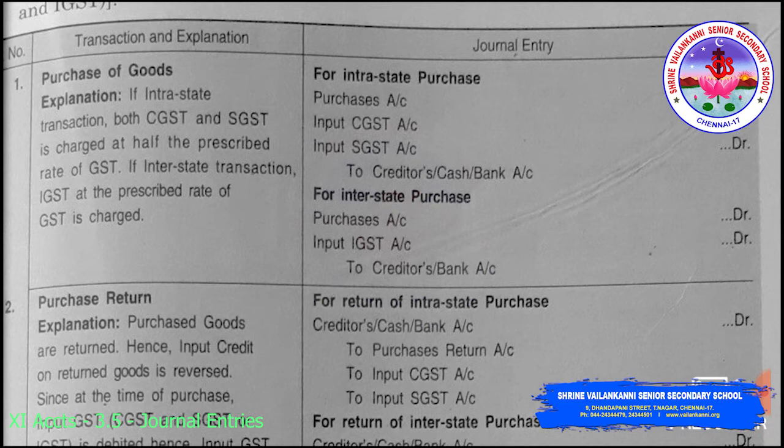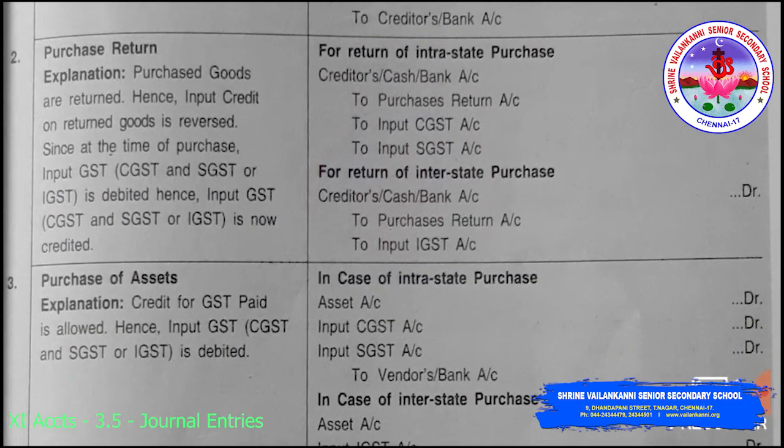If it is a credit purchase, you would write to creditors. If it is a cash transaction, then cash. If you would have given a cheque, then you will write bank. So purchases will have an input GST because when you are purchasing goods, you have input GST, and when you are selling goods, you have output GST. So for interstate purchases, you have purchases account debit, input IGST account to creditors or bank account. I hope that this is clear.